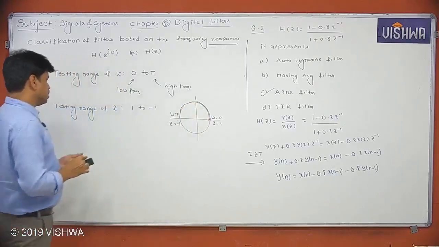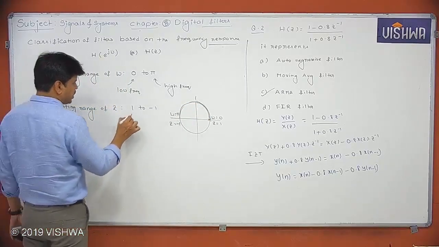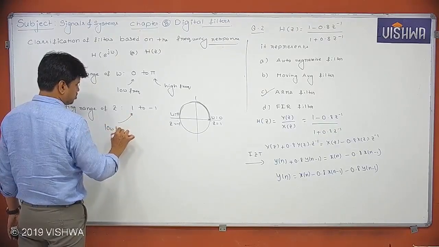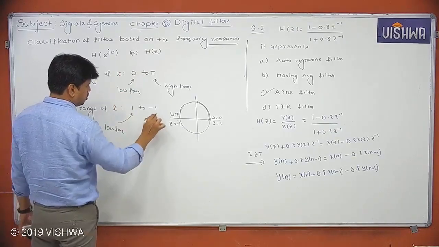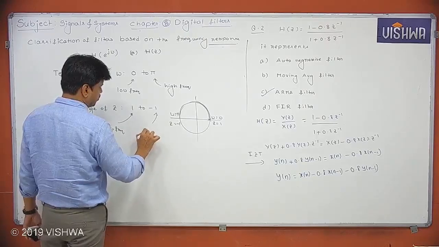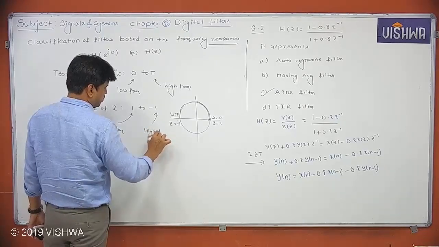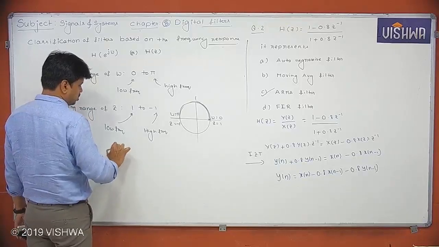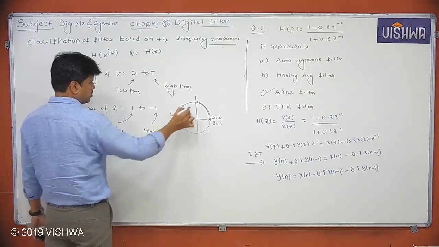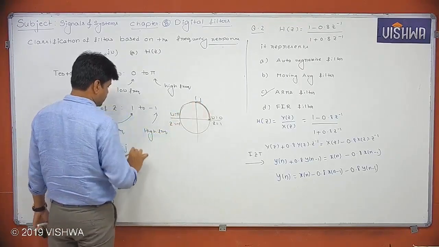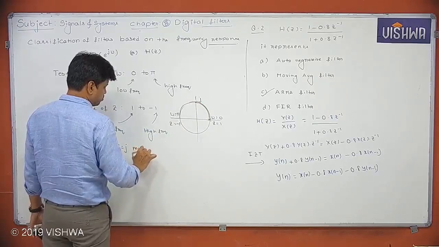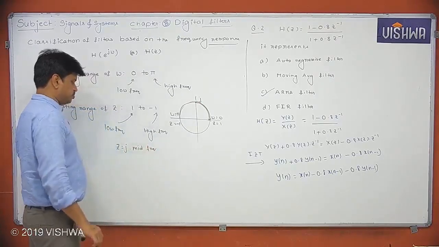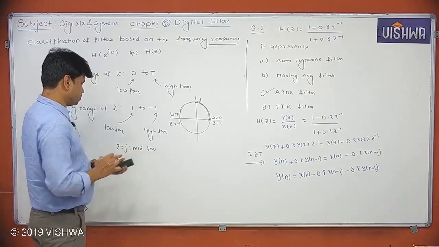Now this 1 indicates low frequency because that corresponds to omega equal to 0. This minus 1 indicates high frequency. Suppose I want something in between, then z is equal to j. If I take z equal to j, that indicates mid frequency. Take it.